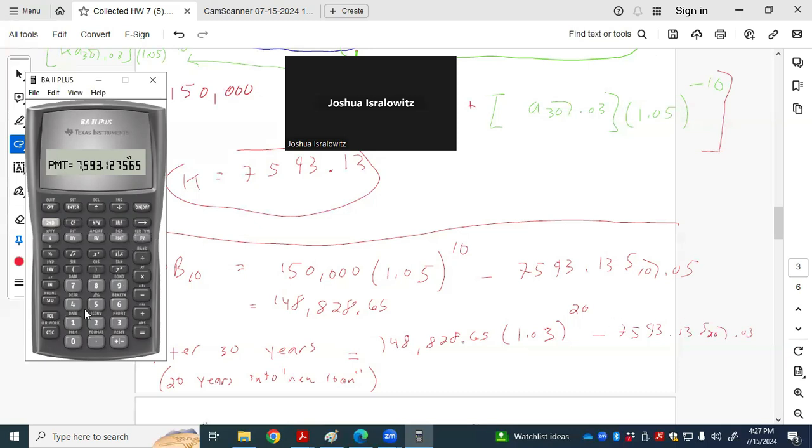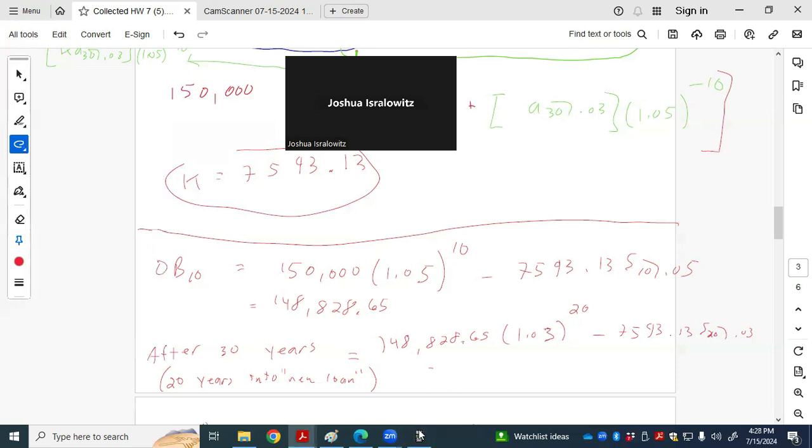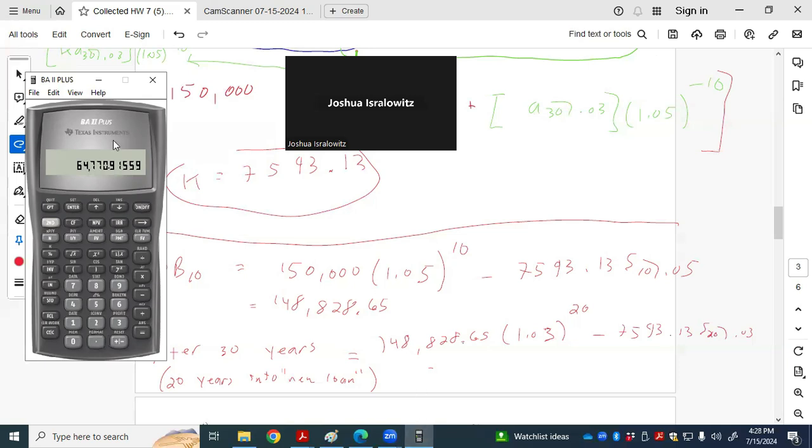So this is my payment, 20N, interest, plus 148,828. Actually, I should have saved this. I don't think I did. Whatever. All right, 64,770.92. Well, I'm not going to write it, but yeah, this is the answer.